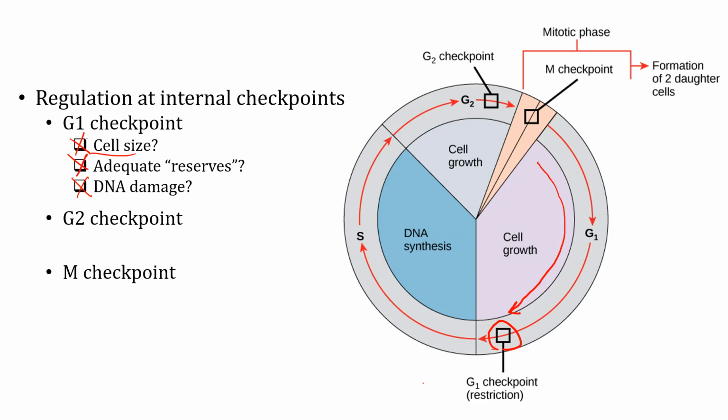Well, if there is DNA damage, there's a couple of things that can be done. The cell can try and fix it. And if it does fix it, and so there's no more DNA damage, then the cell will proceed to the S phase, and will start copying all of its DNA.